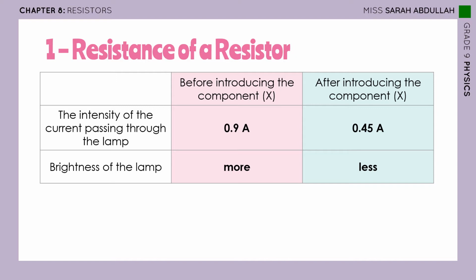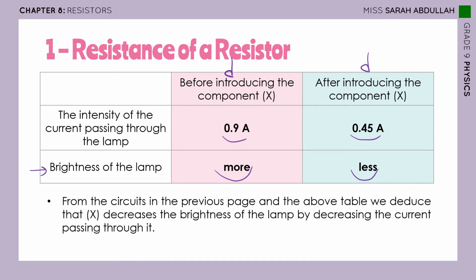The current passing through the lamp before introducing component X was 0.9 amperes, and after introducing component X, it became 0.45 amperes. So the current flowing through the lamp decreased. How about the brightness of the lamp? It was more before introducing X, and it became less after introducing X.